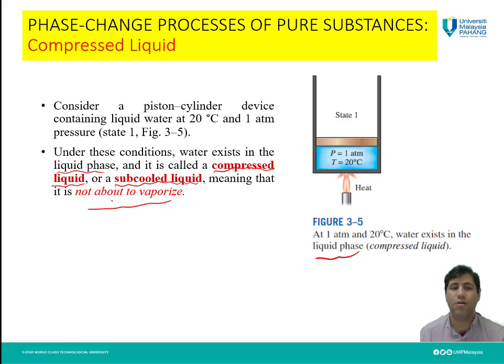So subcooled or compressed liquid means a liquid which is not about to vaporize. An important definition, which is one of the states for the pure substance. So compressed liquid or subcooled liquid, meaning that the liquid which is not about to vaporize.